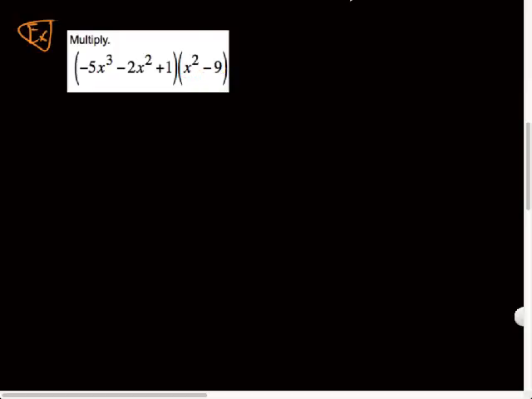So let's multiply this. So I've got 3 things this time that are being multiplied by x squared minus 9. So I'm going to have to distribute this to both of those, this to both of those, and then this to both of those. I'm kind of like triple distributing here.